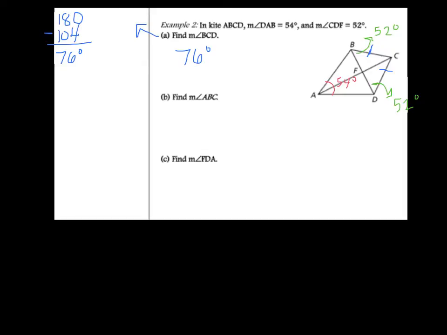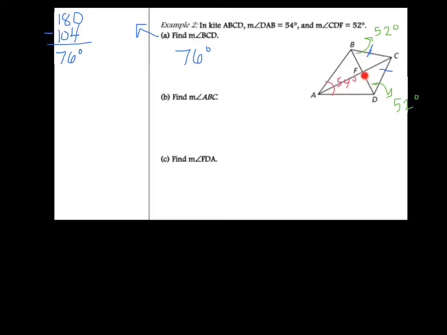Okay, so what I'm actually going to do now is solve for A rather than B. What you should notice here, if you didn't know already, is that the main diagonal of a kite bisects these two angles. The reason I know that is, first of all, this triangle right here and this triangle right here are congruent. I know that these two sides are congruent, and then they have 90-degree angles, and then they share this side, so it's congruent to itself.